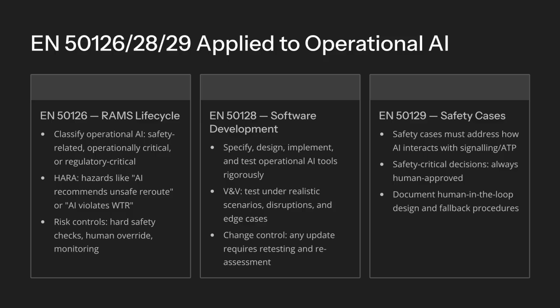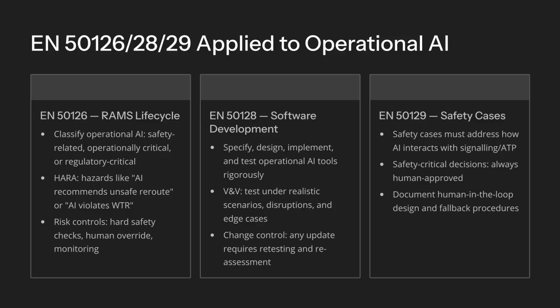Operational AI tools, forecasting engines, optimization algorithms, scheduling systems are software, and they must be developed to software assurance standards. That means a defined specification, inputs, outputs, accuracy targets, known failure modes. It means a clear architecture.